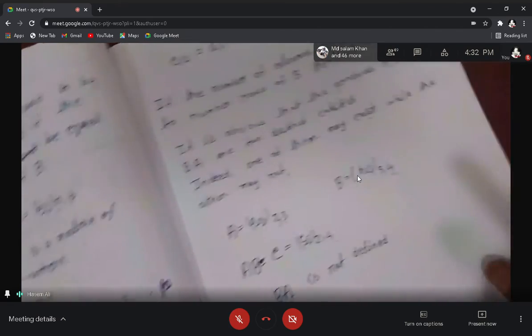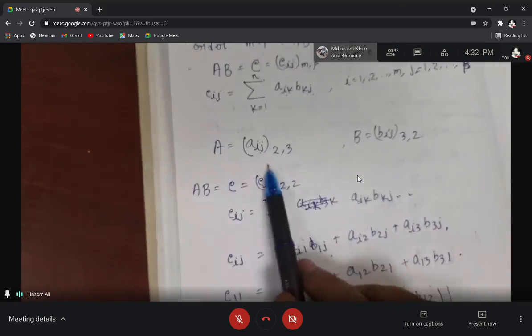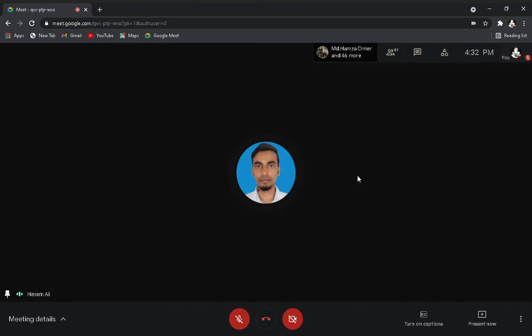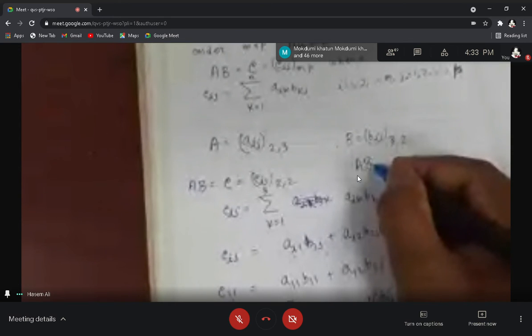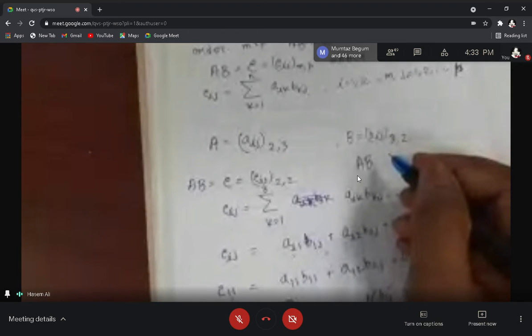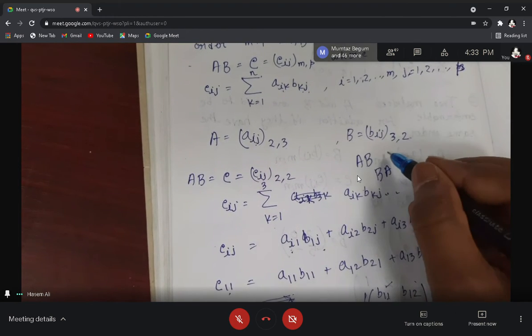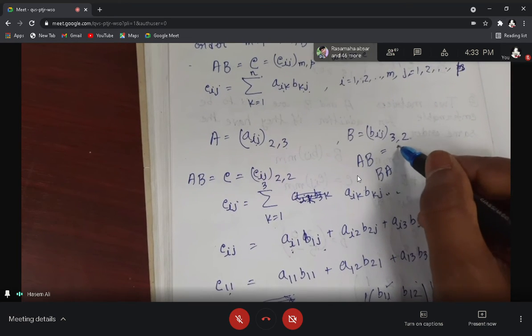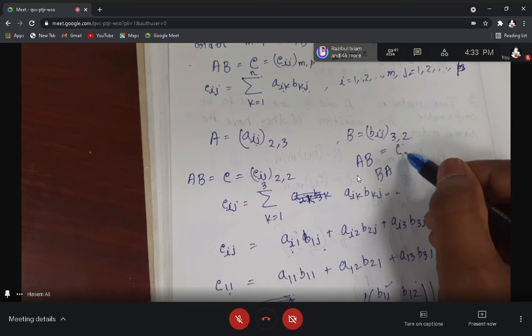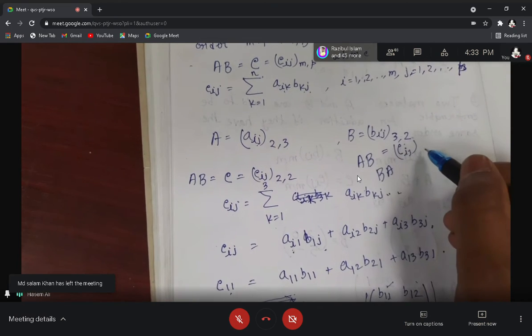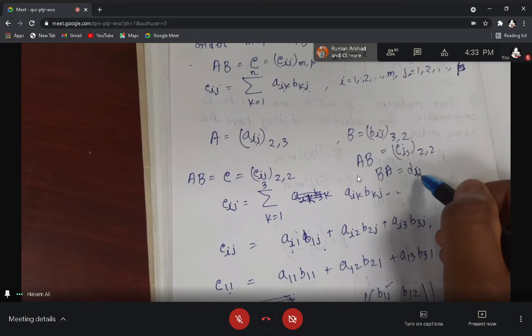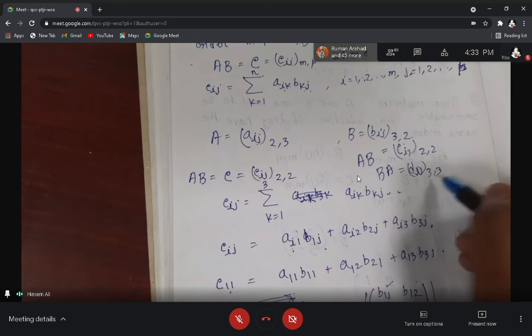But in the previous case, A is 2 by 3 and B is 3 by 2. AB is also defined, and the product matrix BA is also defined, but their orders are different. Cij has order 2 by 2, and if this is Dij, its order is 3 by 3.